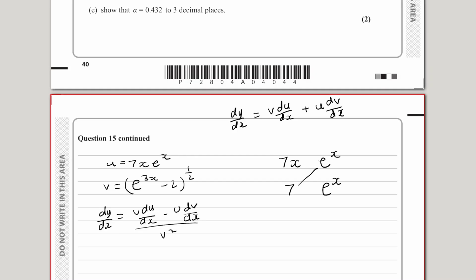So it's these two times together and these two times together with a plus in the middle. So du/dx is 7eˣ plus 7x eˣ.